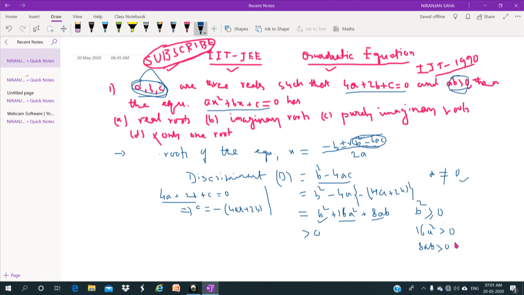So the discriminant is greater than 0, and the equation must have real roots.